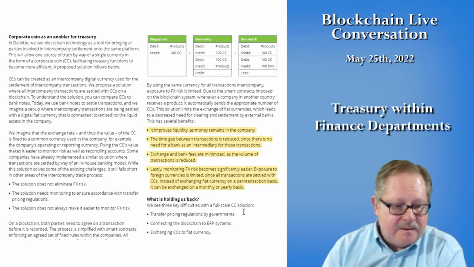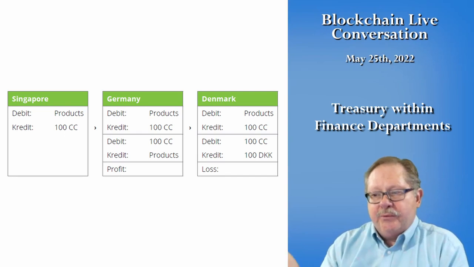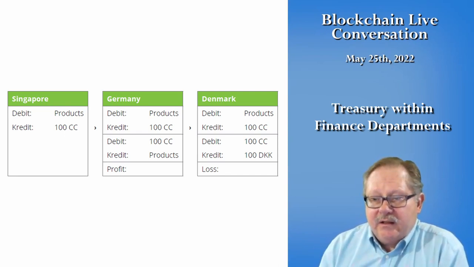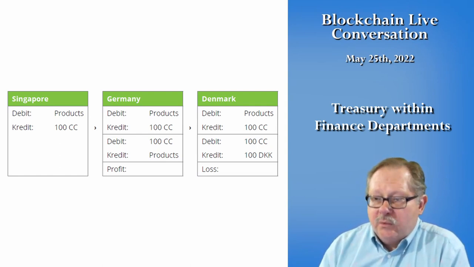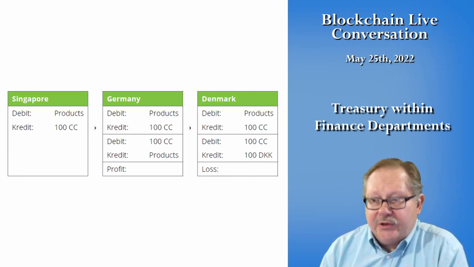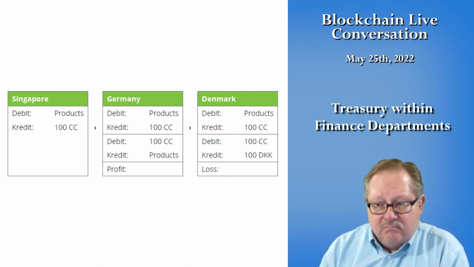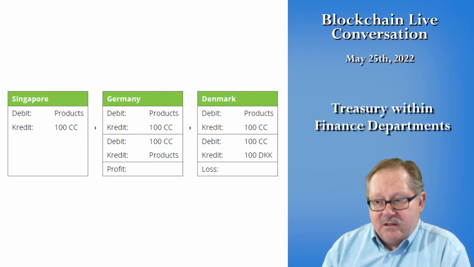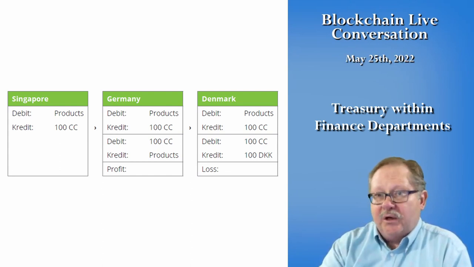So here's that same example of Singapore, Germany, and Denmark. Let's say we've got a product that is worth 100 corporate coins. We ship it to Germany to be assembled into a product. It's still worth 100 corporate coins. And when Germany ships it off to the next place, it's still worth 100 corporate coins in Denmark.